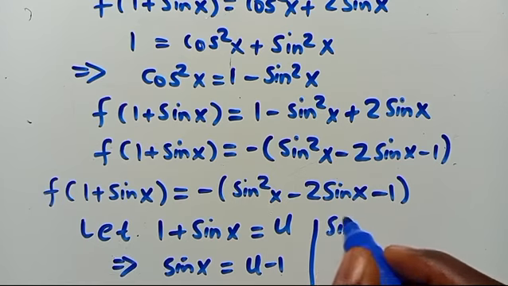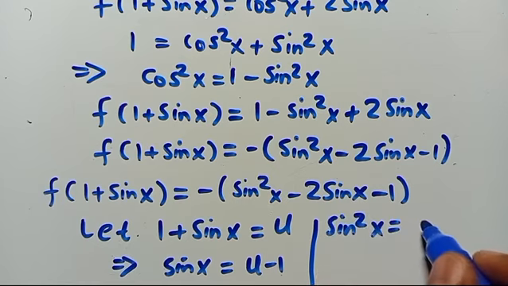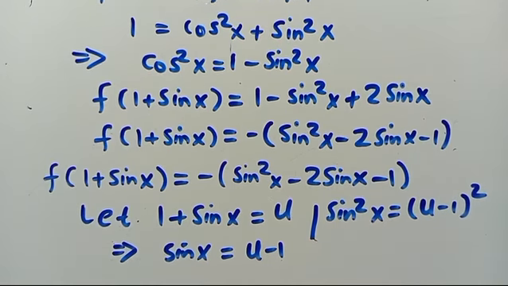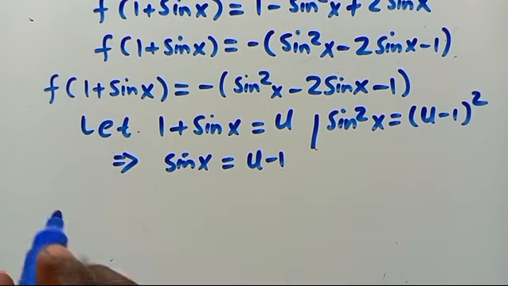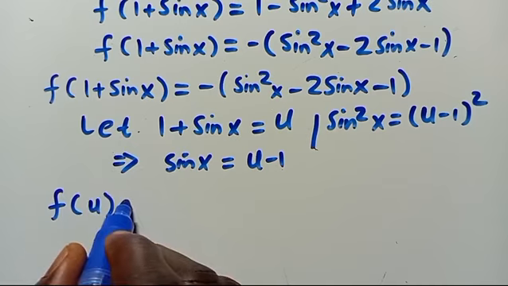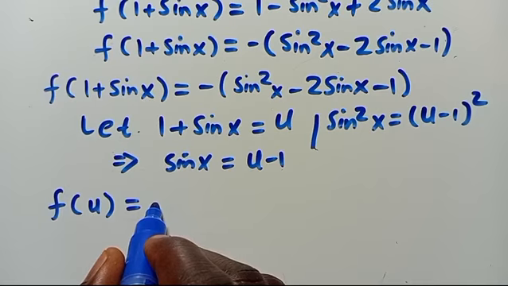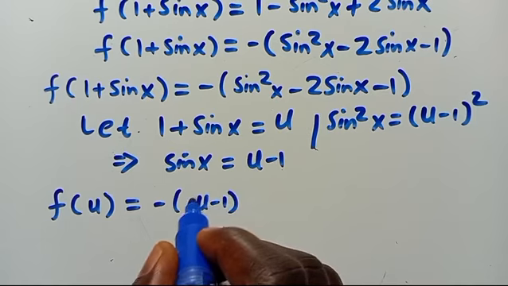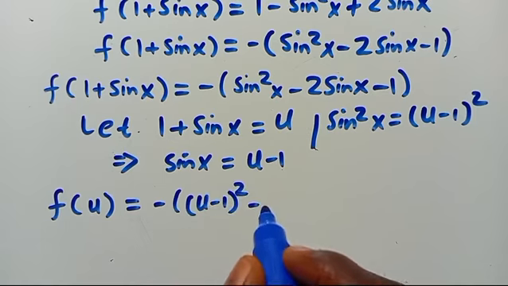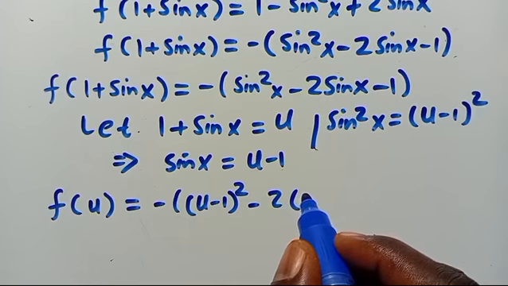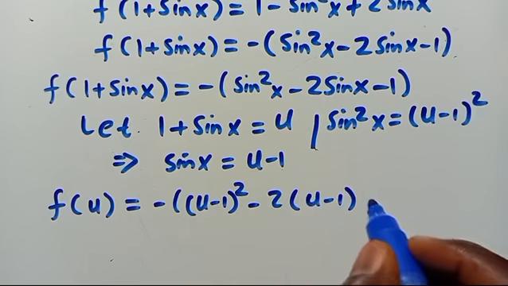Then sin²x will now be u minus 1 in parentheses to the power of 2. So from here, we are going to have f of u equals minus, open parenthesis, u minus 1 in parentheses to the power of 2, then minus 2 times sin x, which equals u minus 1, then minus 1.